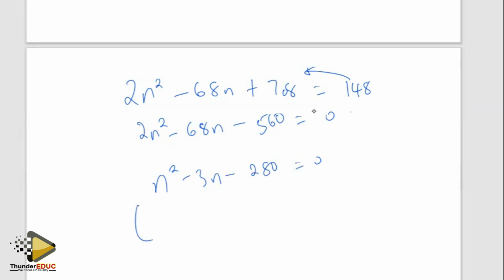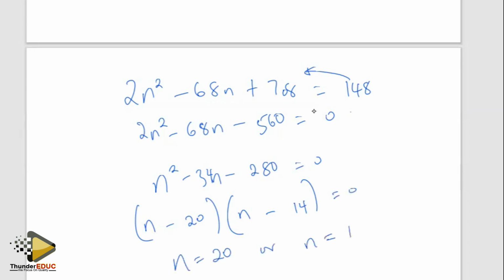Okay, this is a 34. So two numbers that I can work with, that's n with a 20, n with a 14. N is going to be a 20, or n is going to be a 14.